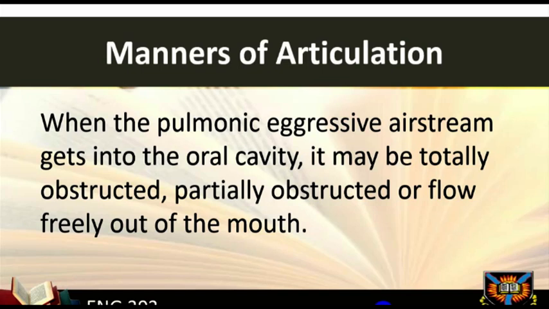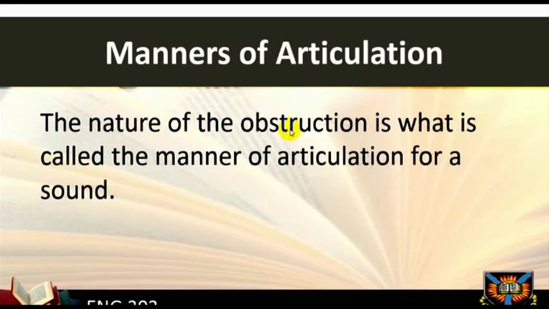When the pulmonic egressive airstream gets into the oral cavity, it may be totally obstructed, partially obstructed, or flow freely out of the mouth. The nature of the obstruction is what is called the manner of articulation for a sound.